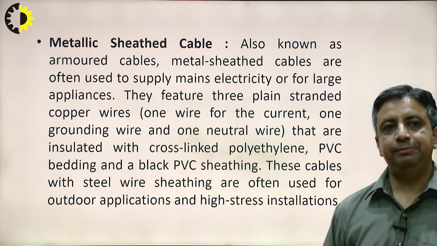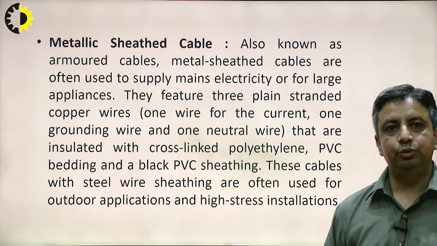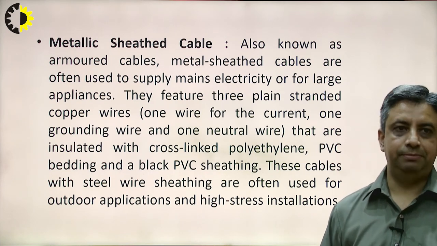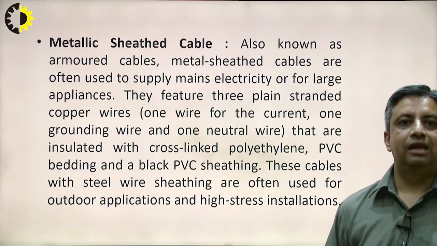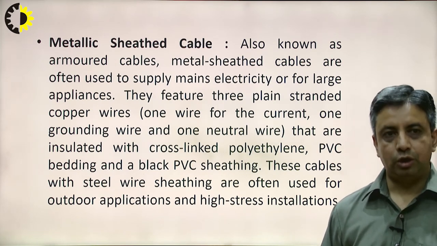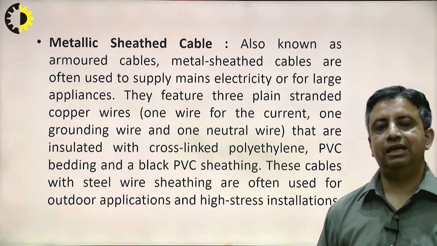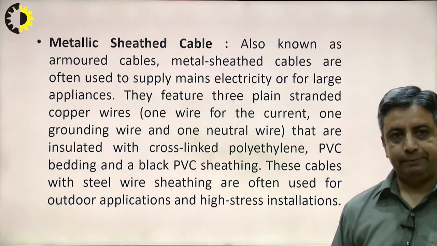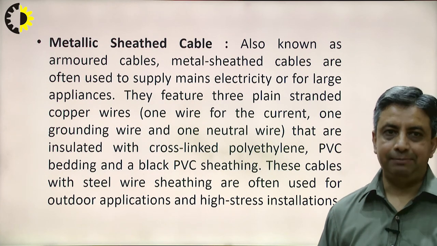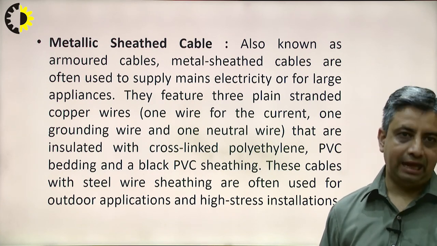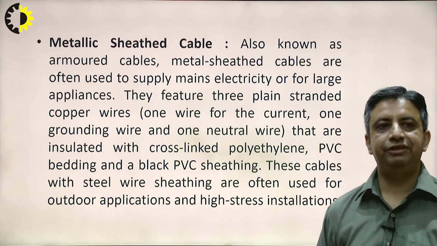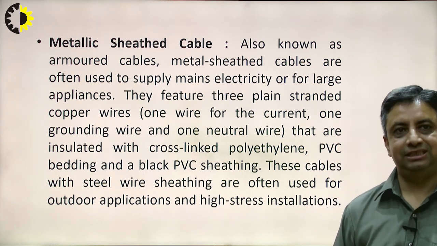A PVC bedding is generally used for insulation. Over this, we have steel wire sheeting, because these wires are generally used for outdoor applications and high stress applications. So to protect them from moisture or any other severe condition, we generally use this metallic sheeted cable.